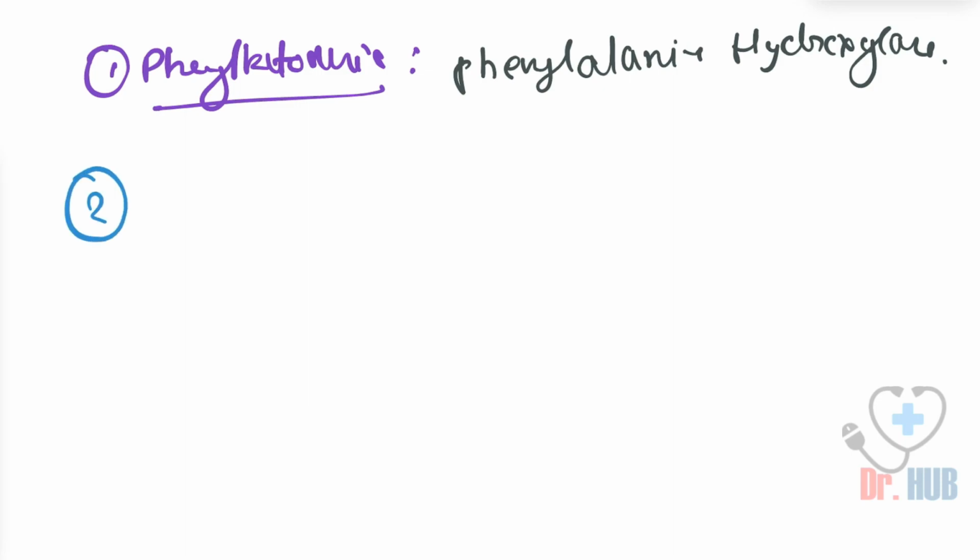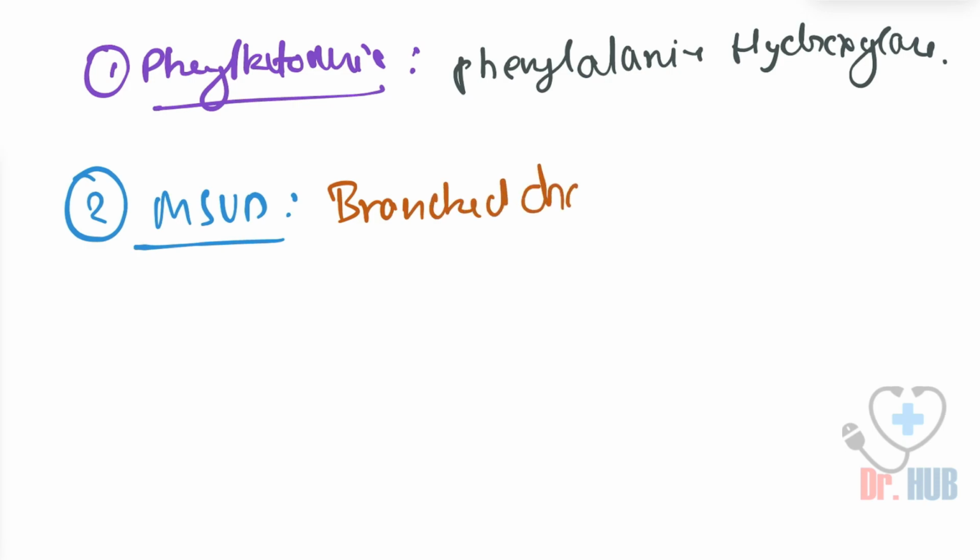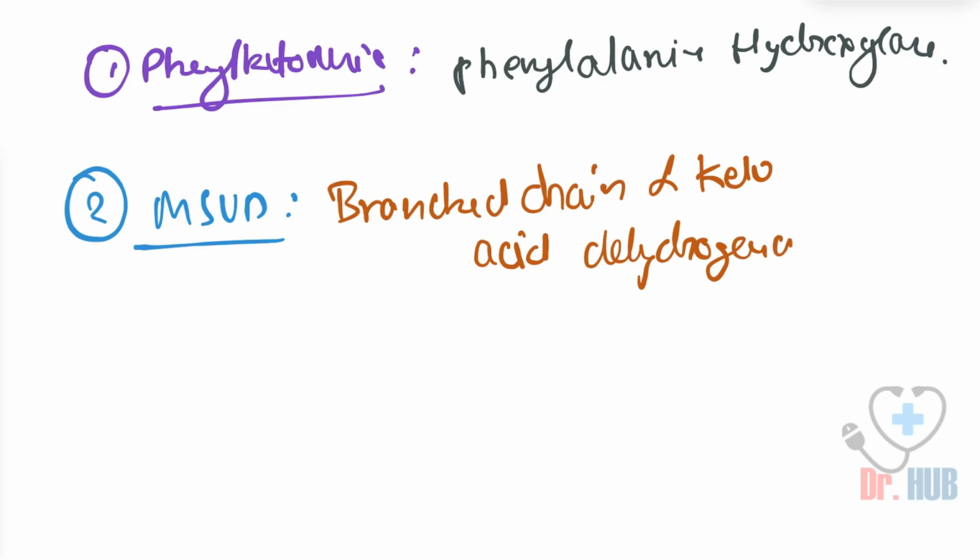The next question is, in case of MSUD, that is maple syrup urine disease, the enzyme defective here is nothing but the branched chain alpha keto acid dehydrogenase. So in short, it is known as the BCKAD.